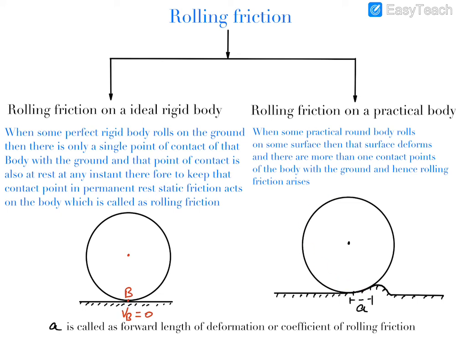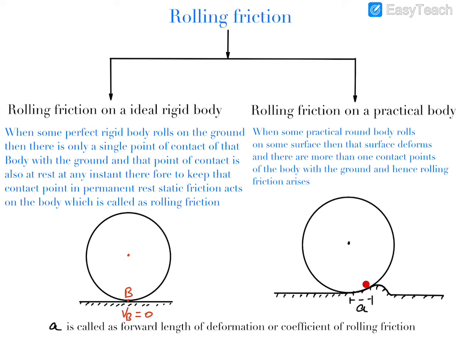Therefore, that body deforms that surface, which is also not perfectly rigid. You can see that this practical object is rolling on the surface, and as it rolls, there is more than one contact point of that body with the surface. Since it is moving in the forward direction, it deforms this surface, and this surface creates a restoring torque on that body.